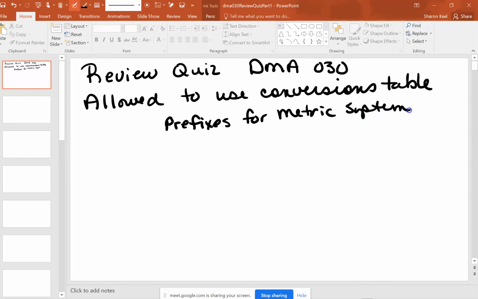And then there is the compound interest formula that you'll be allowed to use.